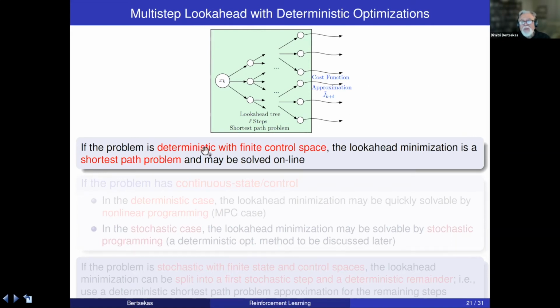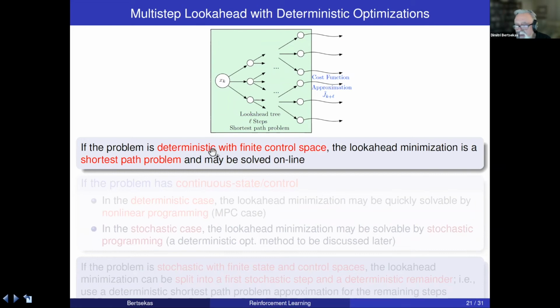So if the problem is deterministic to start with a finite control space, this look-ahead minimization involves a shortest path problem with this type of tree, where at each state we have a finite number of possible controls leading to next states, and then again a finite number, and all of these transitions are deterministic. And so it's a shortest path type of problem, and it's an easy minimization. That's the big advantage that you have with deterministic type of problems.